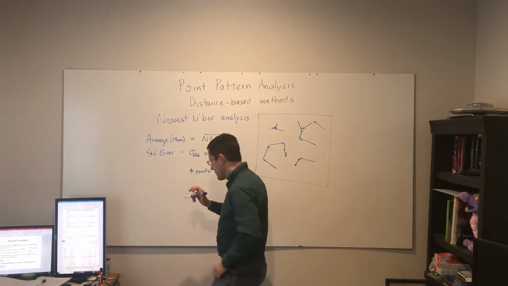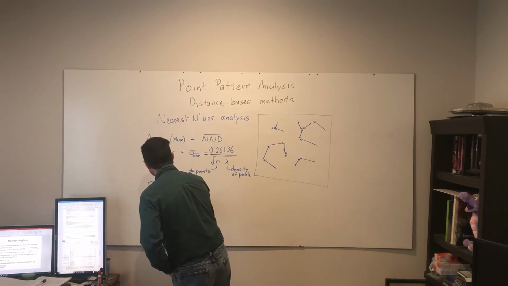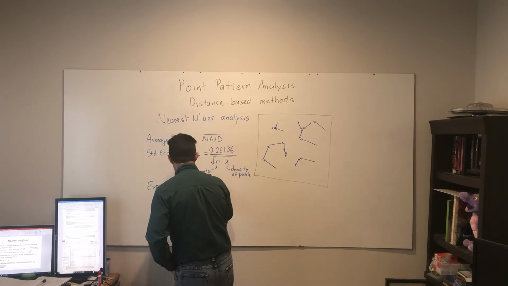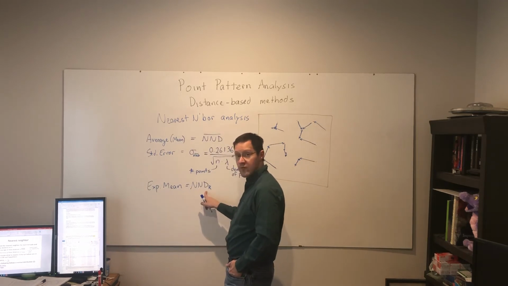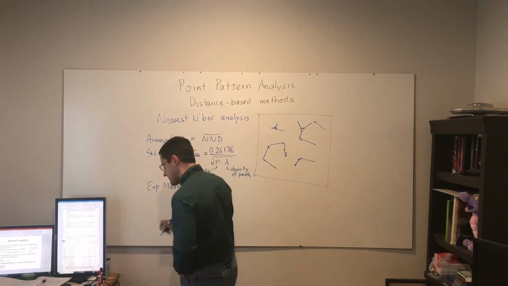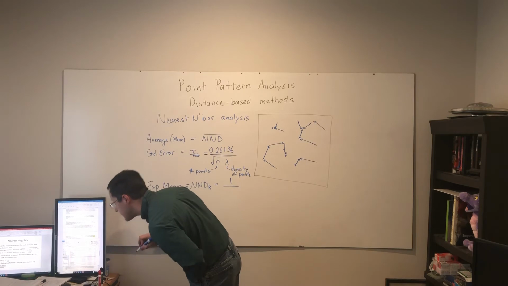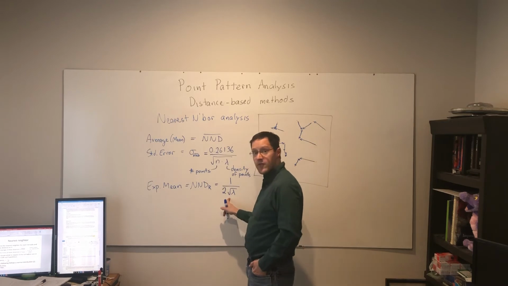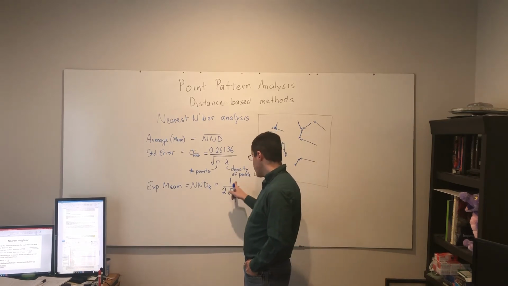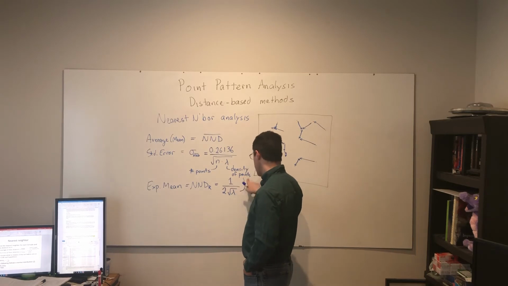This third part we'll put as NND of R for random. It's based solely upon the density of the points. Specifically, 1 over 2 times the square root of lambda. And it'll be clear that this refers again to that.